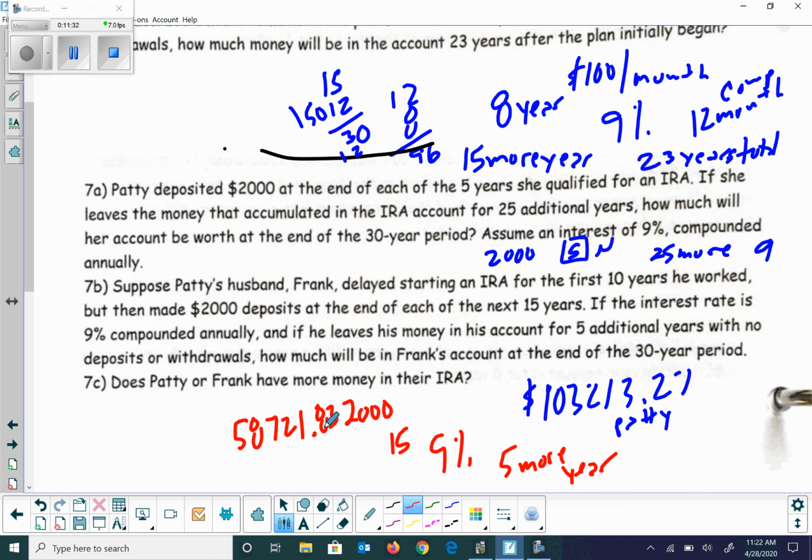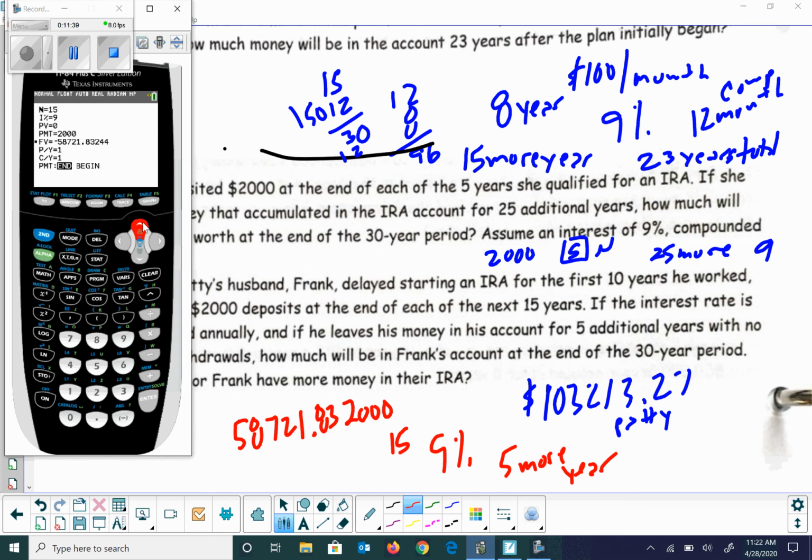Now he didn't put any more money into it, but he let it grow for the next 5 years. So we're going to go back in. We're going to change the present value to 58,721.83. The number of payments is only going to be 5 because we're doing 5 years.